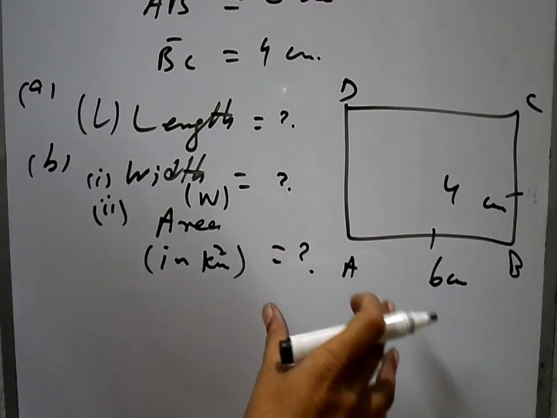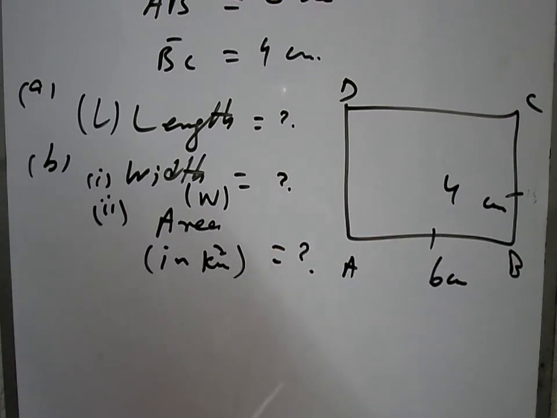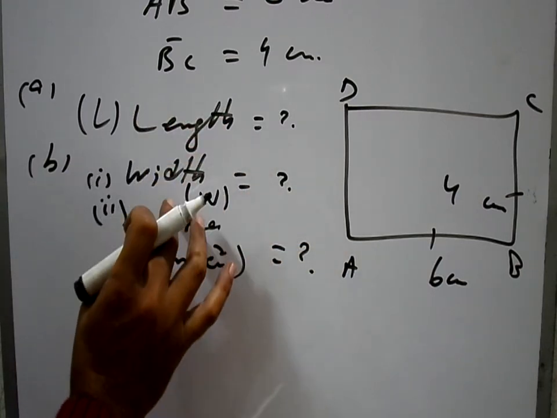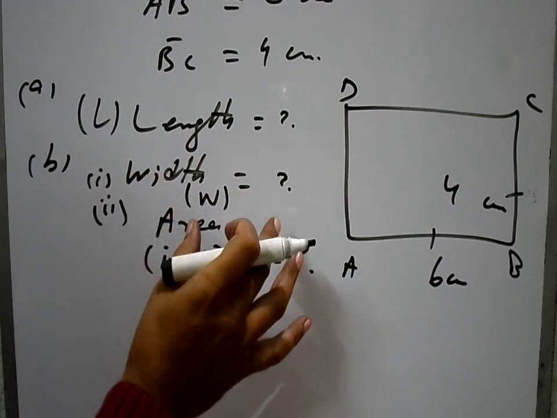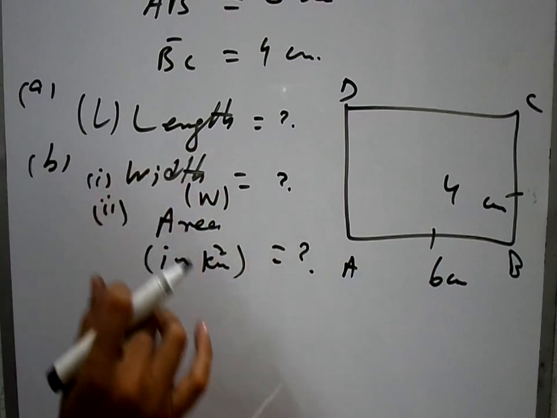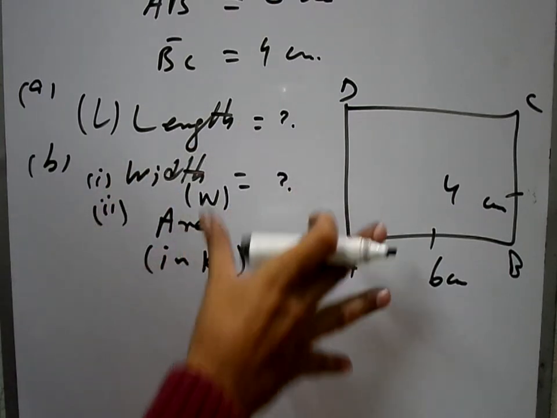If we read the statement, the figure shown below is a rectangle drawn in scale 1 centimeter to 200 meter. AB is equal to 6 centimeter, BC is equal to 4 centimeter. Find the actual length and breadth of the rectangle in kilometers, and the area in kilometer square. So these are the given conditions.